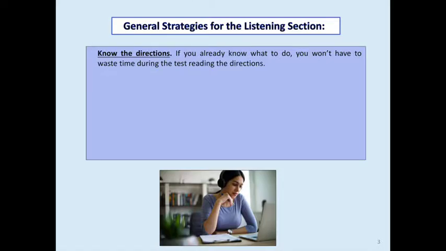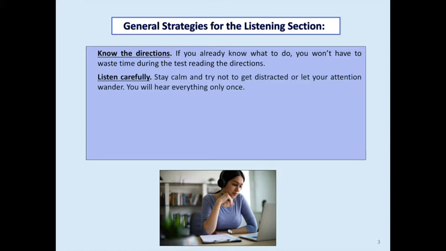Here are some general strategies for the listening section of the TOEFL test. First, know the directions. If you already know what to do, you won't have to waste time during the test reading the directions. The directions stay the same. Listen carefully. Stay calm and try not to get distracted or let your attention wander.